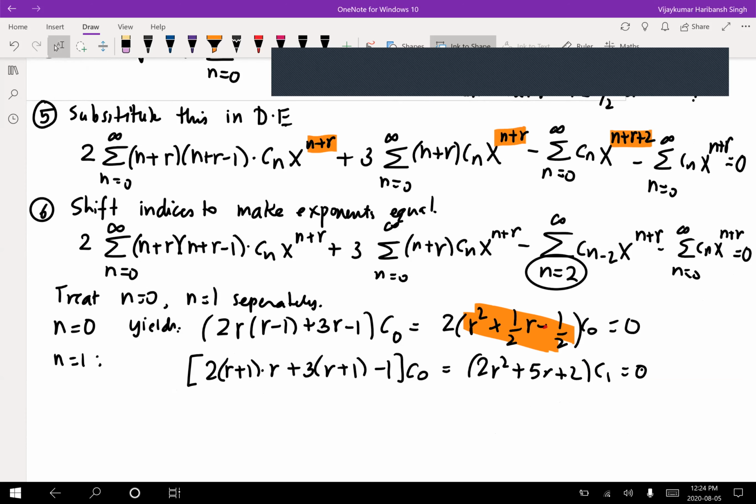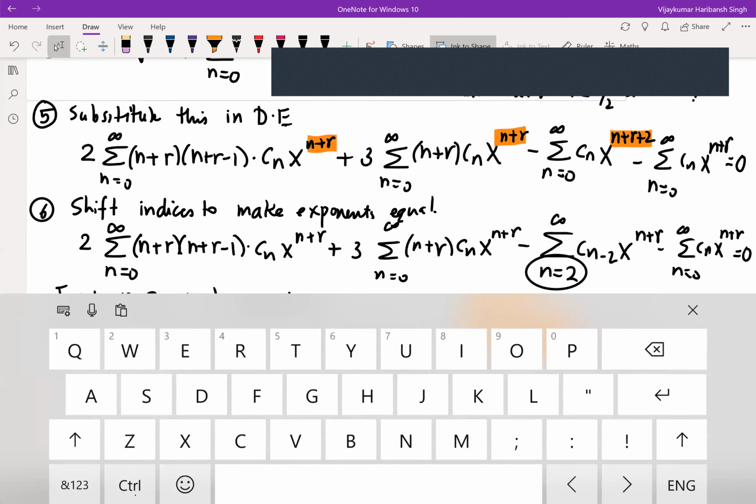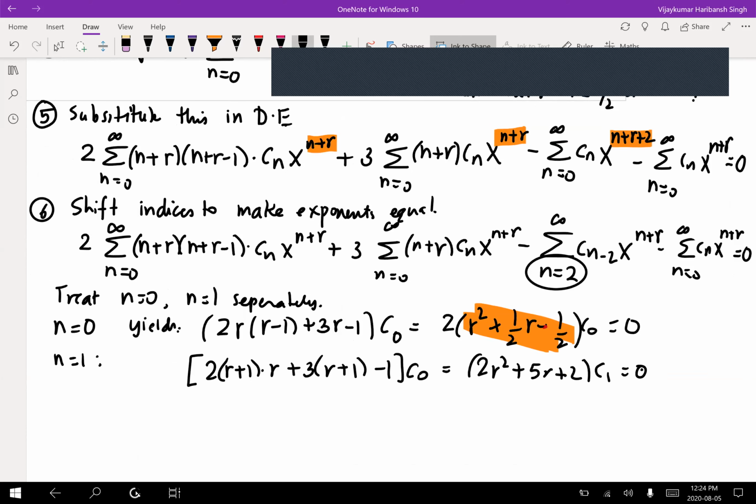So this is true for both r equals half and r equals minus 1.